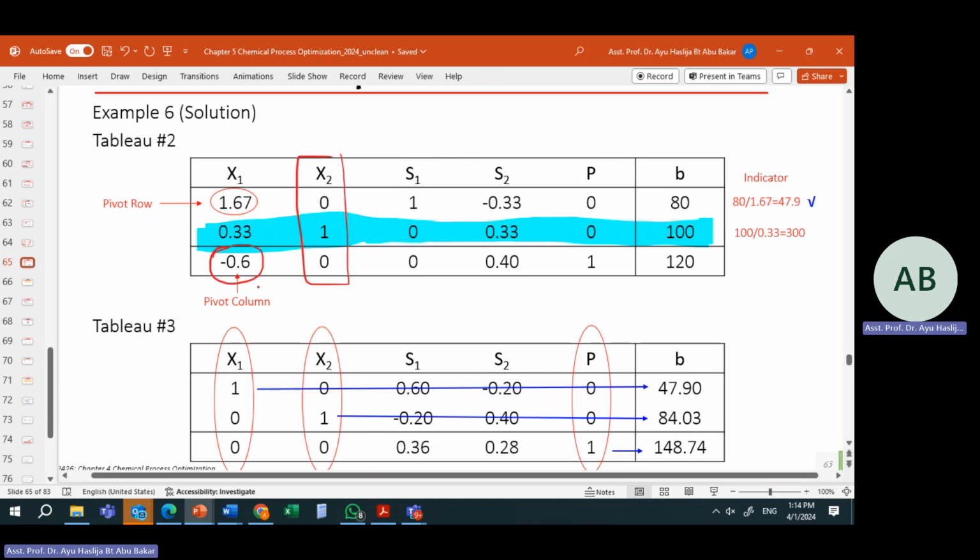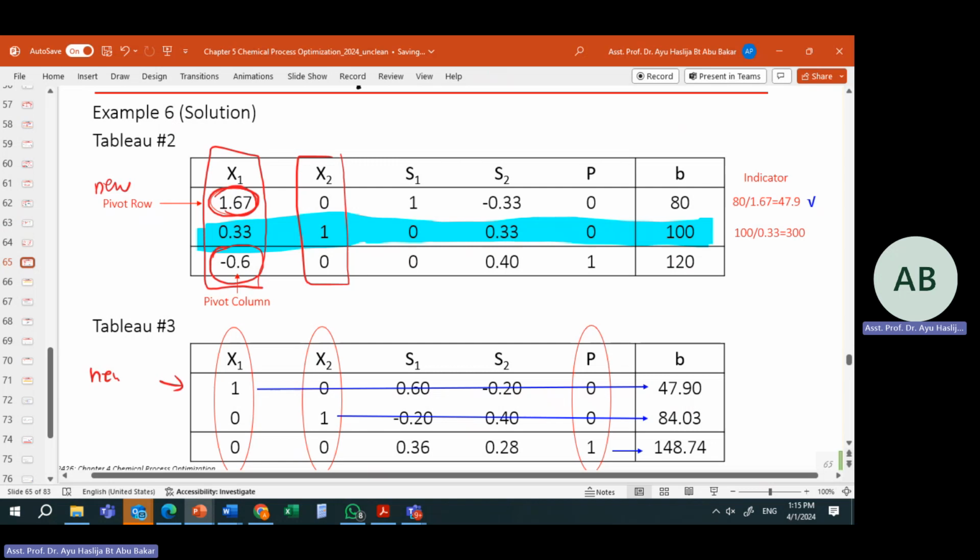So this is your new pivot column. Find out your pivot value. So this is your new pivot row. Okay, so repeat the same step. Develop W number 3.